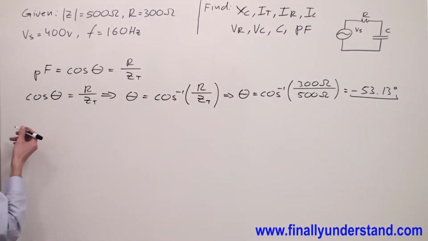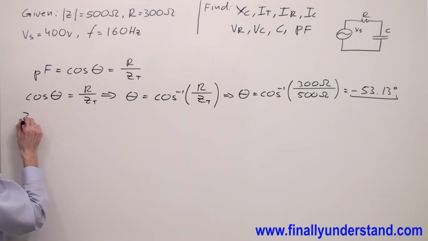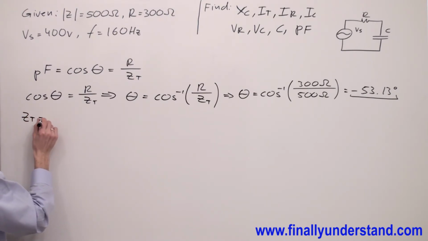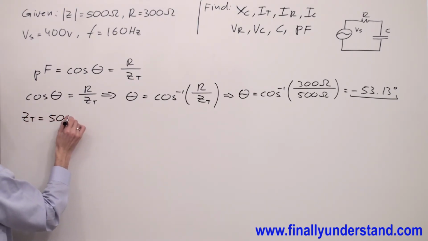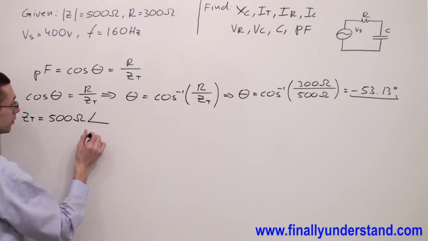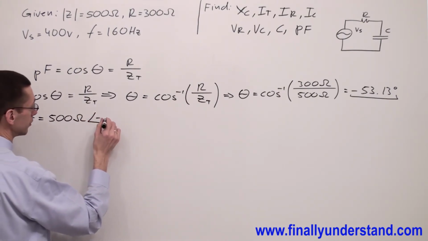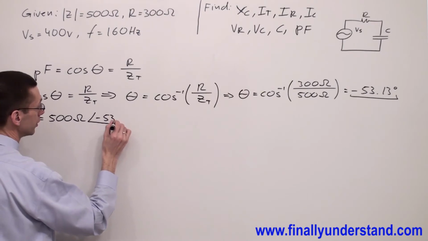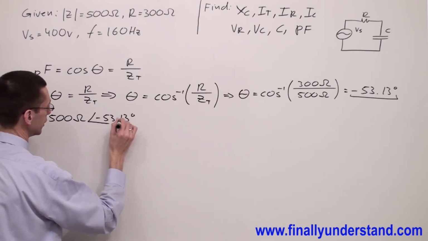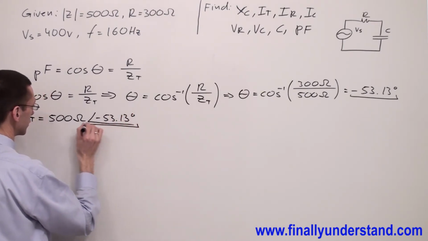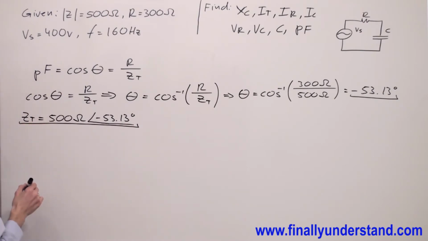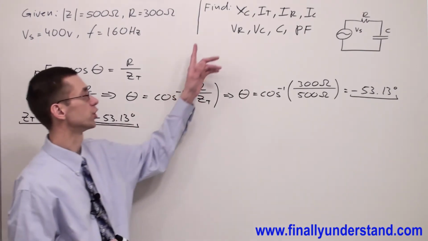So I can write right now that my Z total is equal to 500 ohms and angle of negative 53.13 degrees. It's my Z total. But the problem is not asking me for Z total.